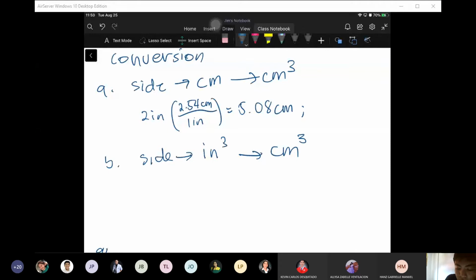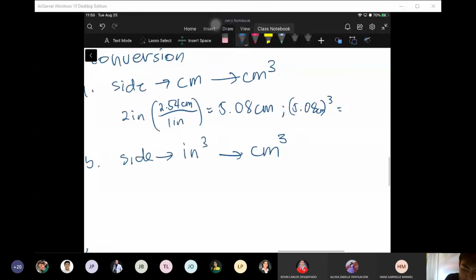Then to get the volume, all you have to do is to cube this, no? 5.08. Two decimal places tayo, 131.10 cm cube. So that's the answer, no?